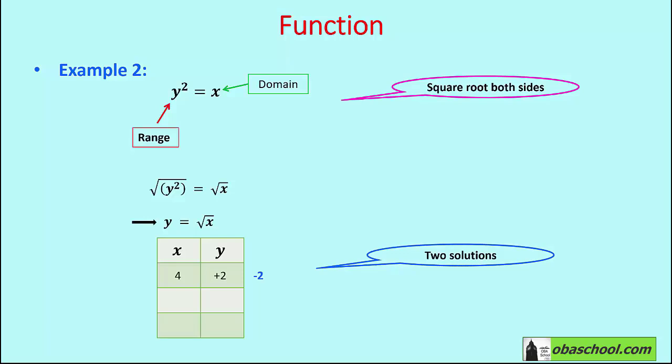And we have said that the function is every element of A that has exactly one element of B. But here I have for every input there is two outputs, and in this case it's not a function, which means y squared equal x is not a function.